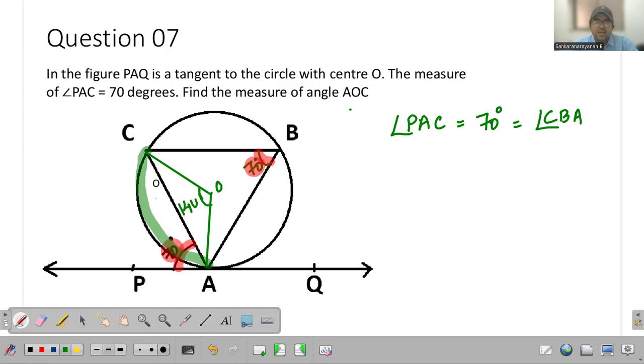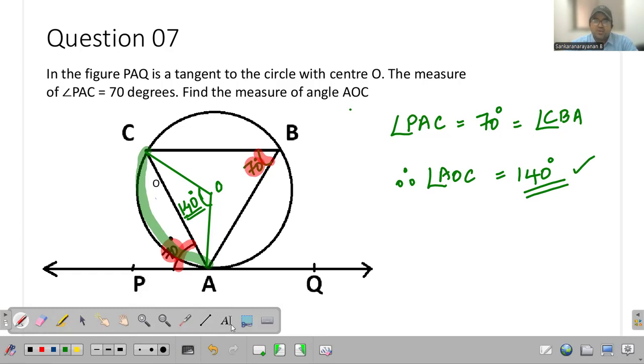So this measurement we can consider will be 140 degrees. They are asking you to find the measure of angle AOC. Therefore, angle AOC will be coming as 140 degrees.